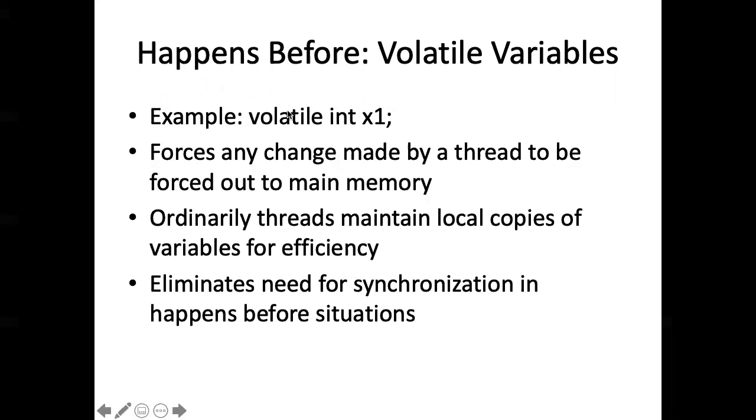So you declare the variable to be volatile, and you may remember that we talked about volatile variables in exception handling earlier in the course, in the context of C's setjmp and longjmp commands.